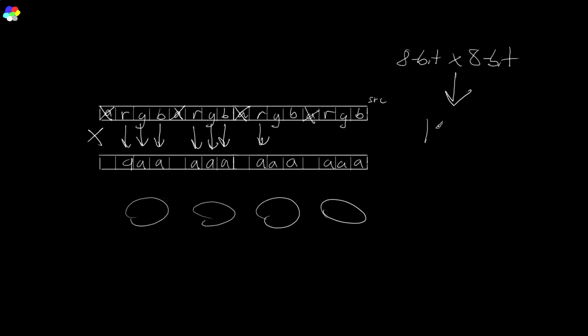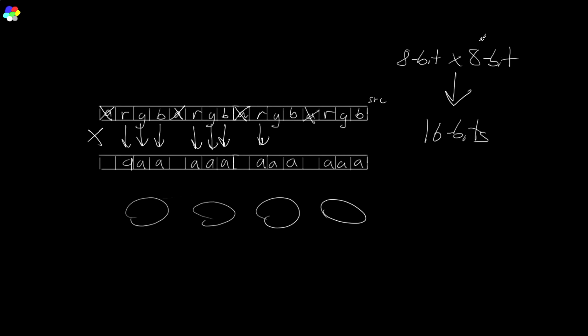It's going to be 16 bits in general. If you've got a general 8-bit, that can be anything from 0 to 255, multiplied by another general 8-bit, you're going to get generally 16 bits of result. What's important is that you're not going to be able to fit the results into a destination register. So multiplying 8-bit by 8-bit isn't going to work.